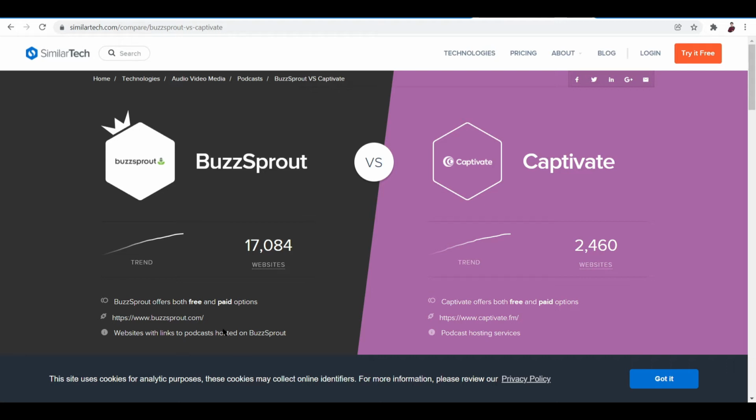Both of them though offer free and paid features, and they are different when it comes to the description of their site. Buzzsprout is websites with links to podcasts hosted on Buzzsprout. So that's different when it comes to Captivate. It's a podcast hosting service. So all sorts of stuff you can find here.